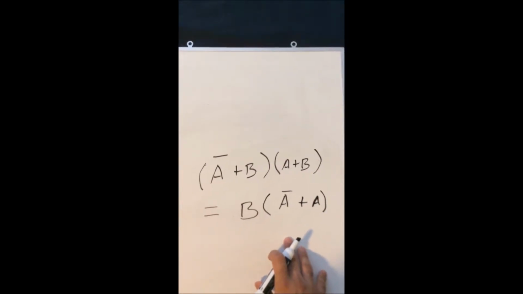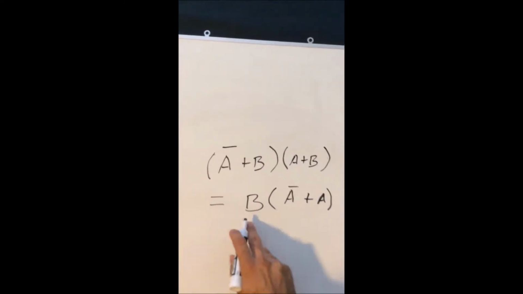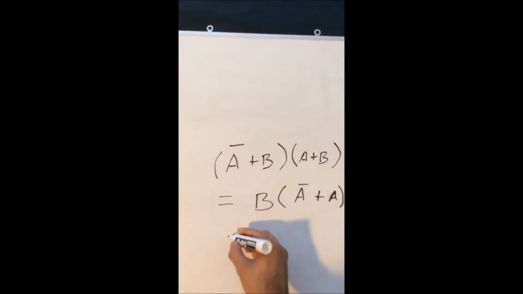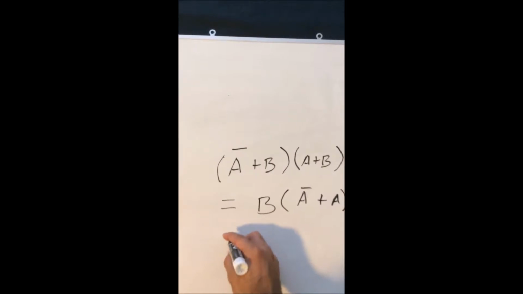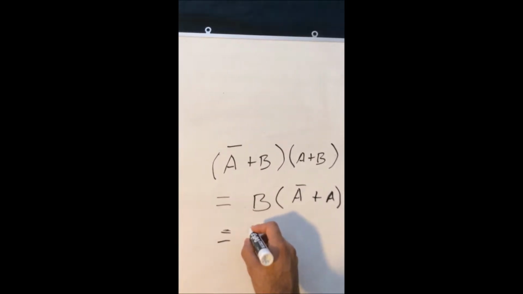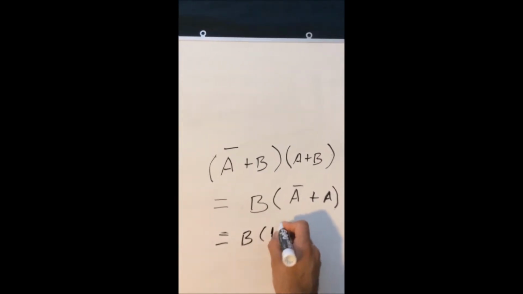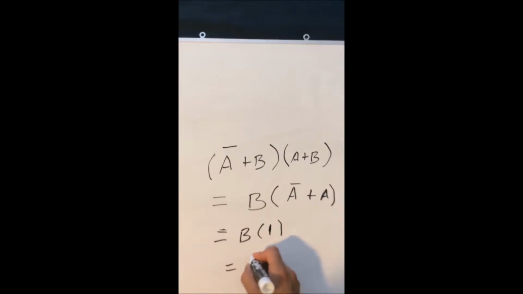Now here it says that anything ORed with its own complement equals 1. That's why the B. Giving us that anything ANDed with 1 is itself. This means that if we have the two A terms, it's going to turn to 1, giving us the result of B.